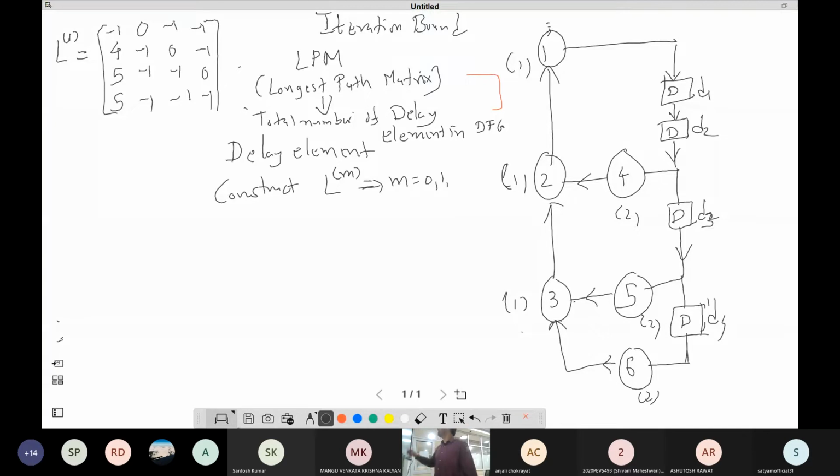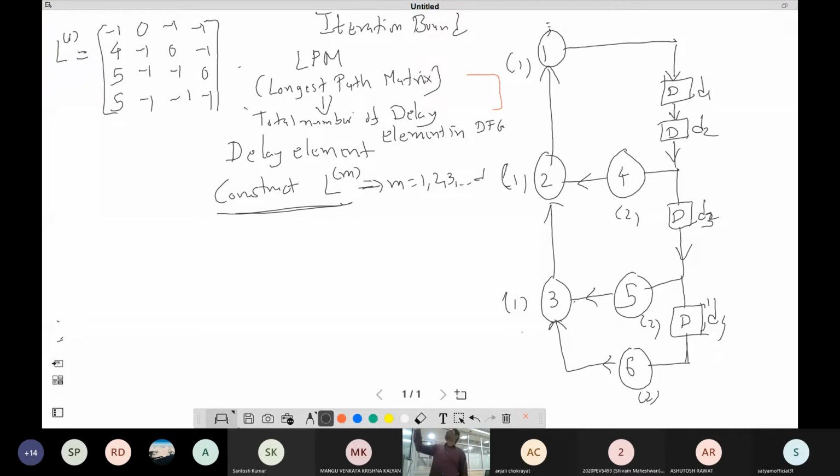Sorry, it is starting from 1, where M is 1, 2, 3 up to D. So you need to construct a matrix L(M) where M is 1, 2, 3 up to D.